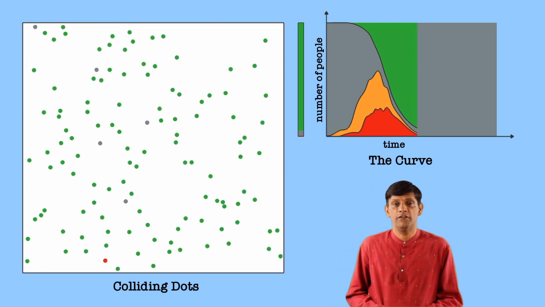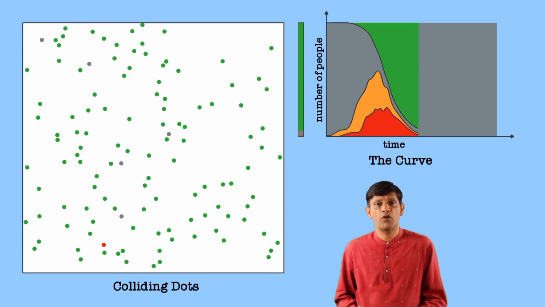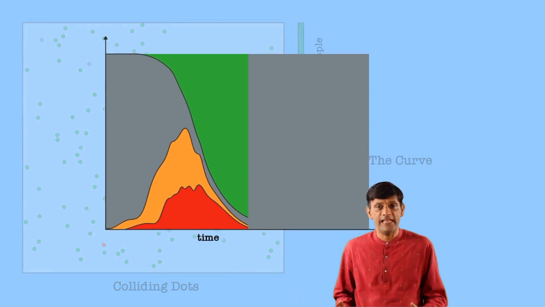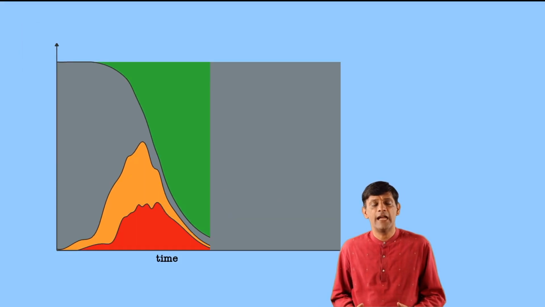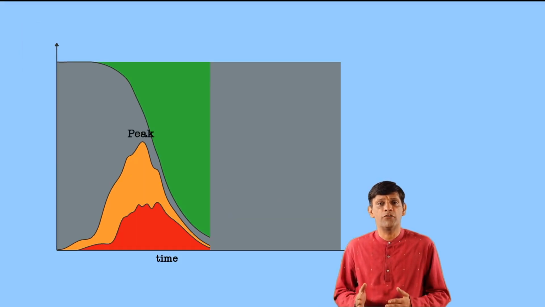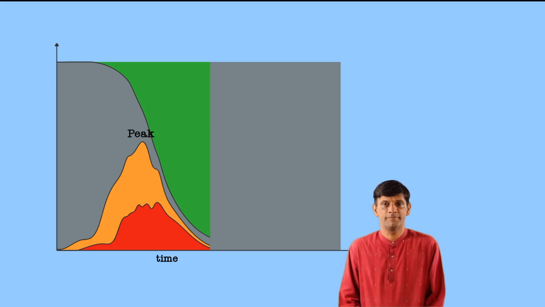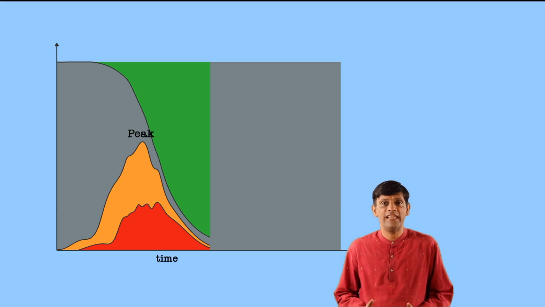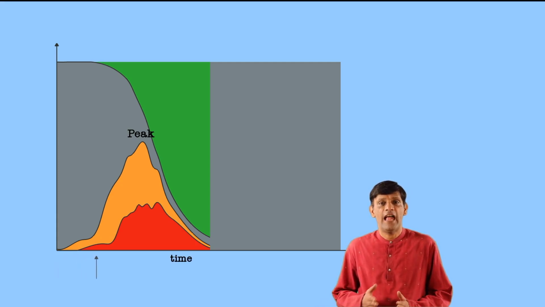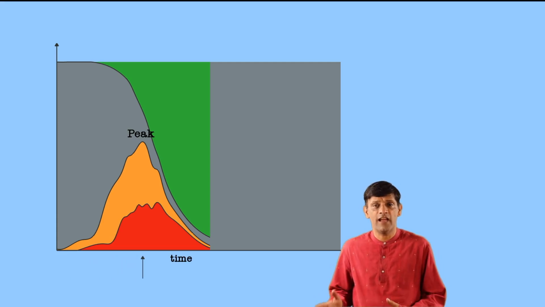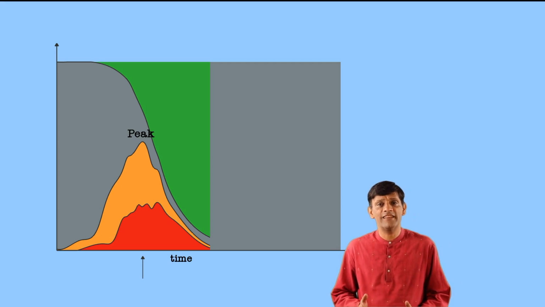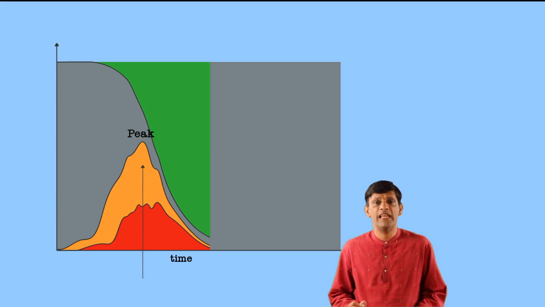When we look at the curve, the most important and prominent feature is what is called the peak. That is the time when the maximum number of people are infected. What we would like to know about the peak is when it happens. That is shown on the x-axis. As the x-axis is the time, the point where the peak happens on the x-axis is when the peak happens.